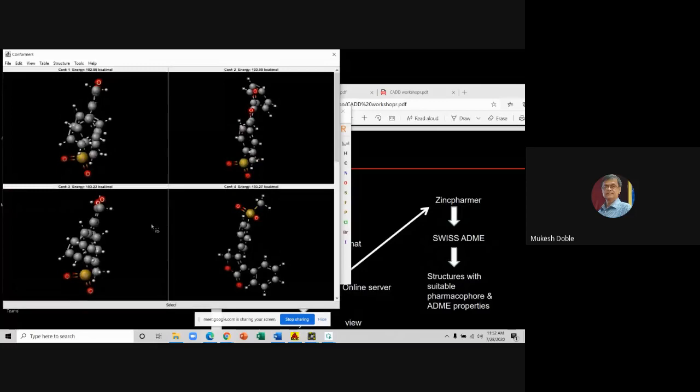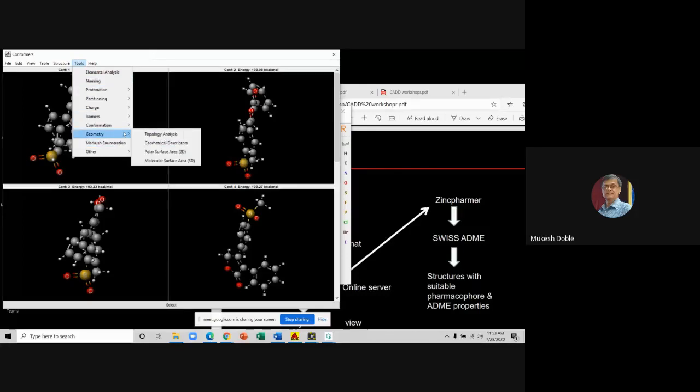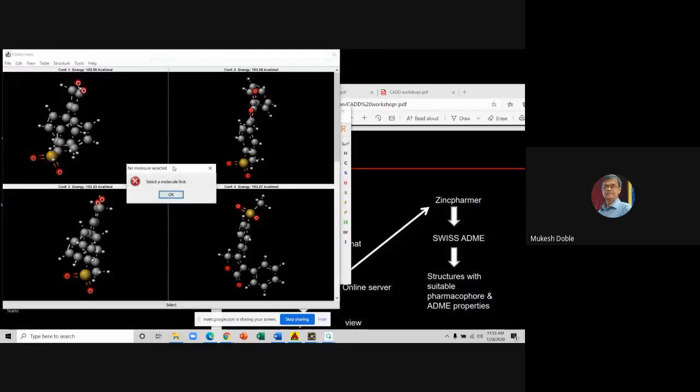Okay, so this is rofecoxib. You can see the structure here. Like I said, we can get these geometrical properties, molecular properties, conformation details. You can get the charge distribution.